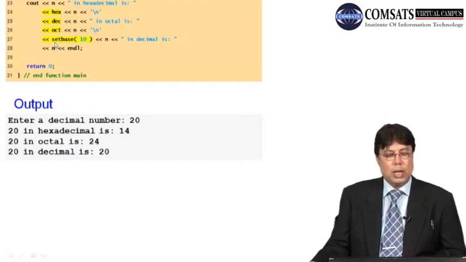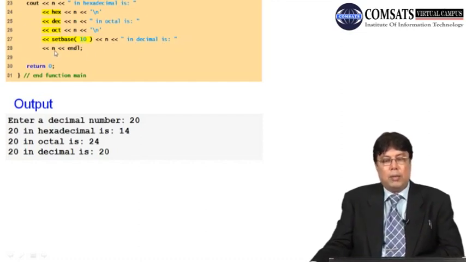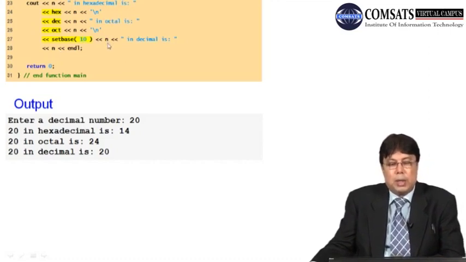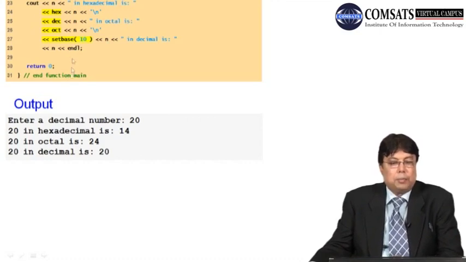Then you set the parameterized setbase again to 10, meaning it should print in decimal again, the value of n in decimal, and then print a new line and return. So what output will we get?